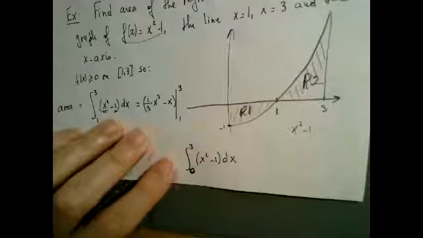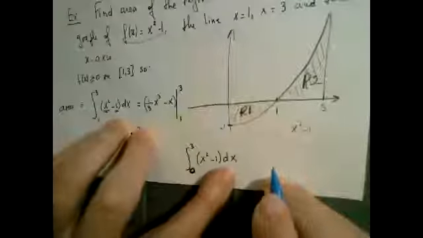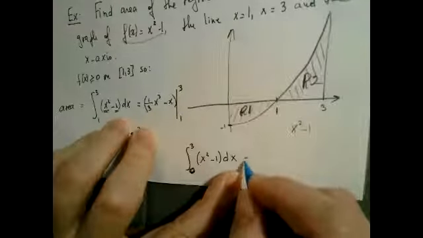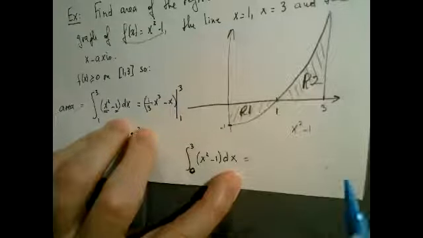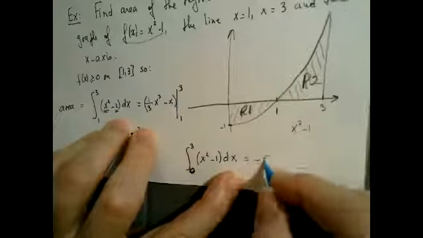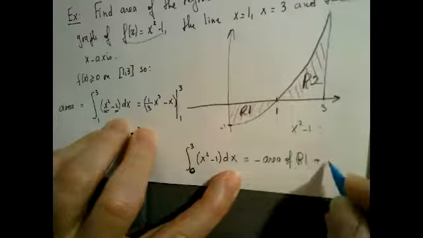You have to subtract R1 from R2. Exactly. So it's not the area of those regions. It's not anymore the area. As we said last time, it's minus the area of R1 plus the area of R2.